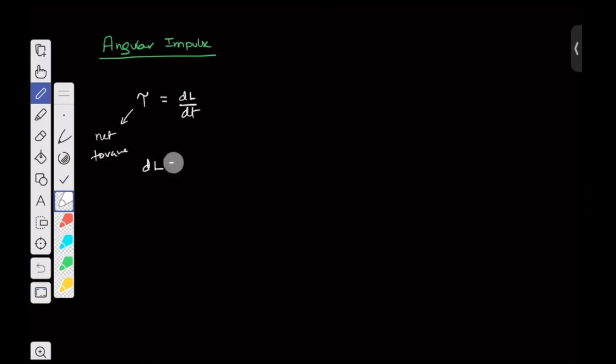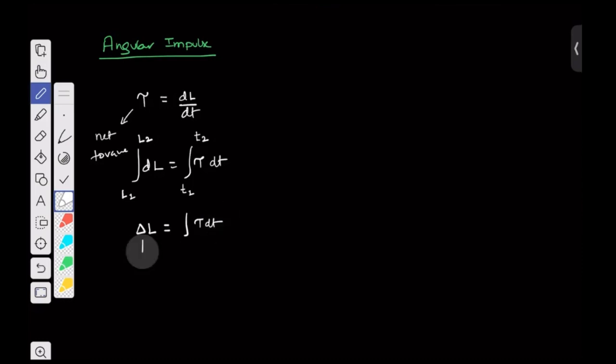So dL I can write as tau dt. Then on integrating both sides, just like we did earlier, suppose from time interval t1 to t2, when the angular momentum was L1 and L2, this side will give L2 minus L1, which I will write as delta L, and the other side will be the integral of tau dt.